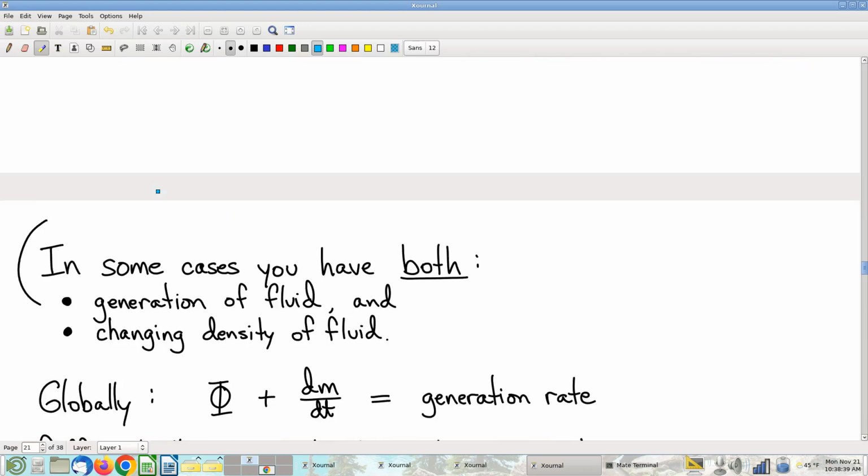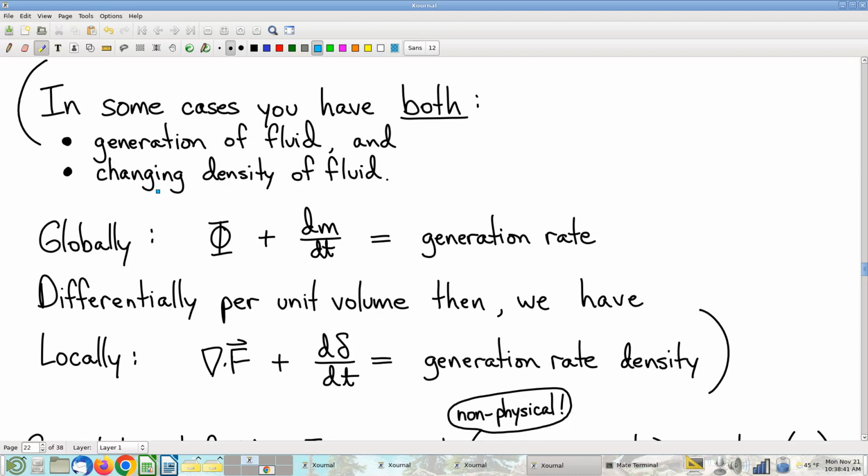Now, the last thing I'm going to say about fluids is that both of these examples are what you might call extreme examples of what is actually a spectrum. So, on the one hand, we had purely generation of a fluid, right? If there was a flux, that flux happened because that fluid got created.